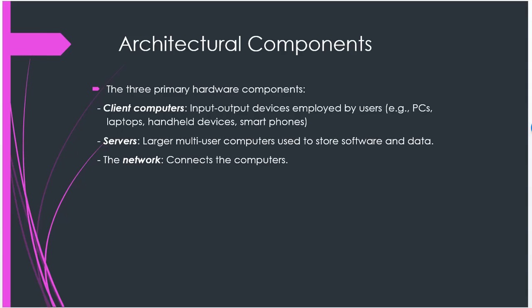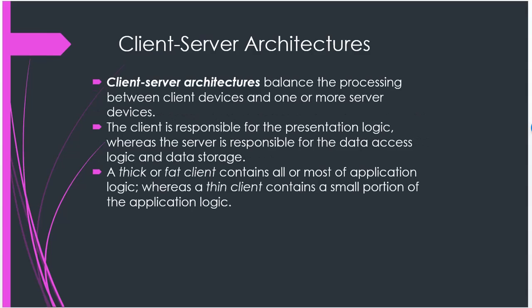Now, given that we are talking of servers being connected to clients through a network, we have what is called a client-server architecture. So with a client-server architecture, basically we have a client device, or a PC that is used by a user who is trying to access information that is stored in a server. So a server is basically a computer that's serving information to a user who requires that information.